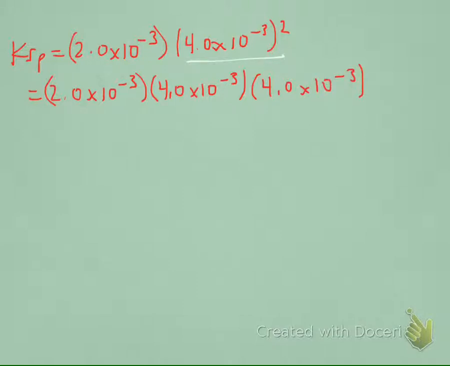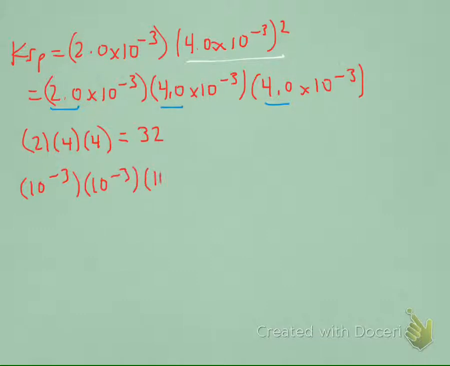We can pull out the front numbers and just multiply those together. So we know that 2 times 4 times 4 equals 2 times 16 is 32, or 2 times 4 is 8 times 4 is 32. And we can then say that 10 to the negative third times 10 to the negative third times 10 to the negative third is just the addition of exponents.